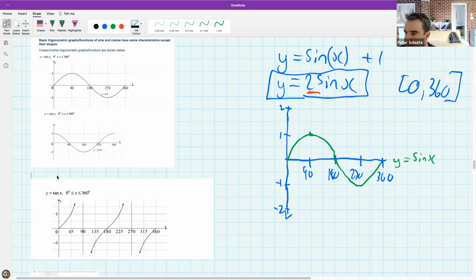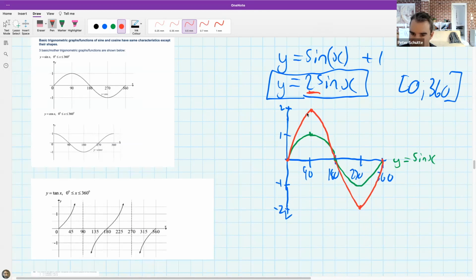So what that 2 is going to do is it's going to change the amplitude, and it's going to go up to a height of 2. The period is still staying the same. And then it goes down to -2, and then up to 2.